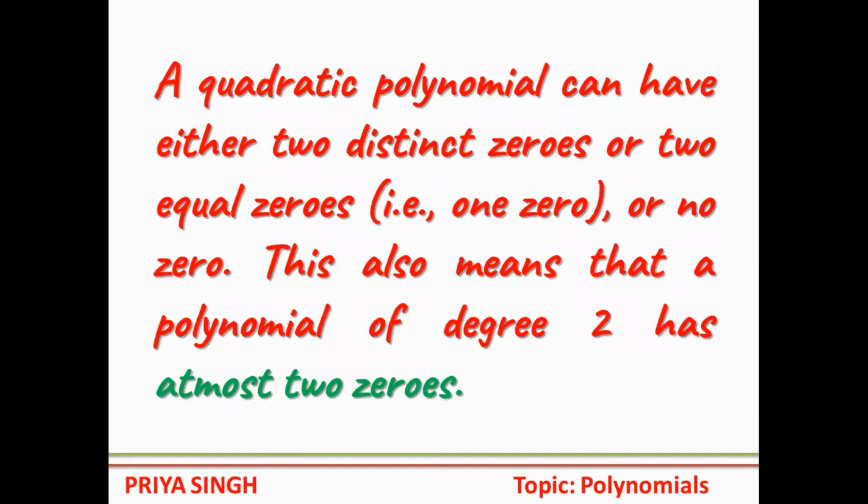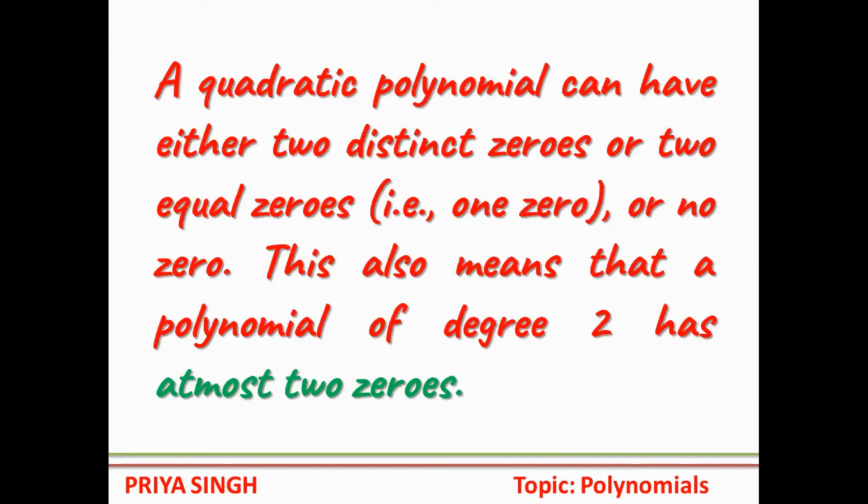A quadratic polynomial can have either two distinct zeros or two equal zeros, that is 1 zero. It can have 2 zeros like in the first case, or 2 equal zeros, that is 1 zero, like in our second case, or no zero at all, that is our third case.